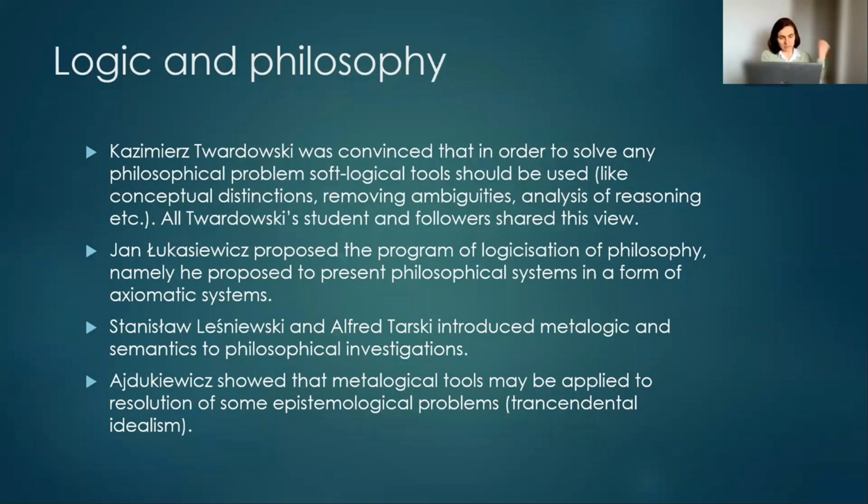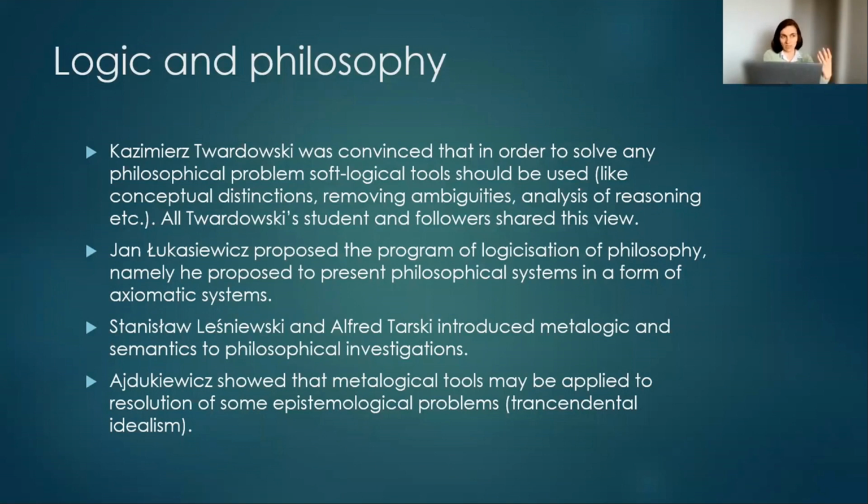But then there was Jan Łukasiewicz, who proposed the program of logicization of philosophy. Exactly in 1927, in his speech during the Philosophical Congress in Warsaw, he proposed this program and the steps to realize it, to use the formal methods in philosophy. So he proposed to present philosophical systems in the form of axiomatic systems. Just a few years later, Stanisław Leśniewski and Alfred Tarski introduced metalogic and semantics to philosophical investigations.